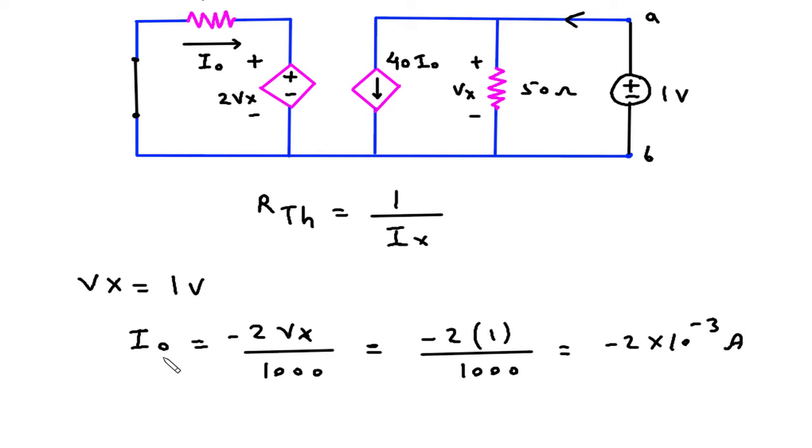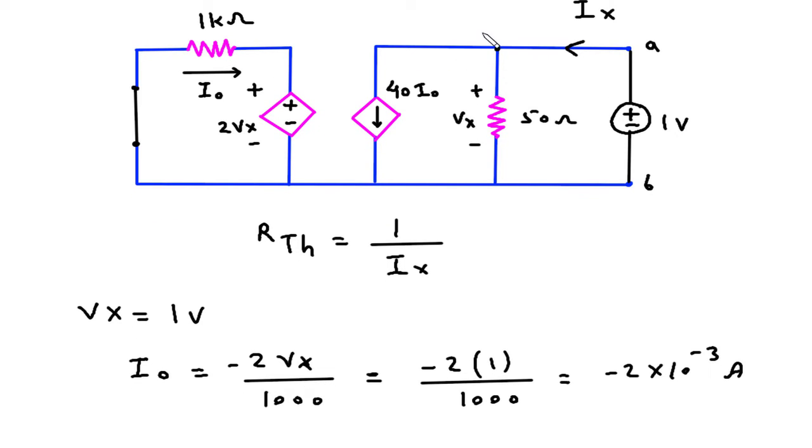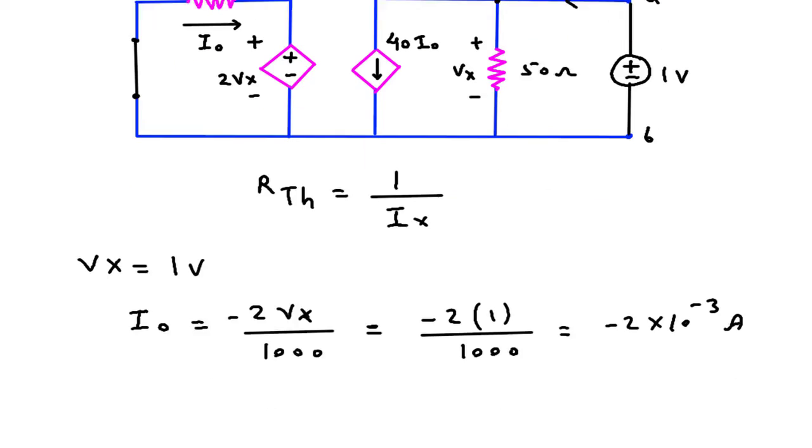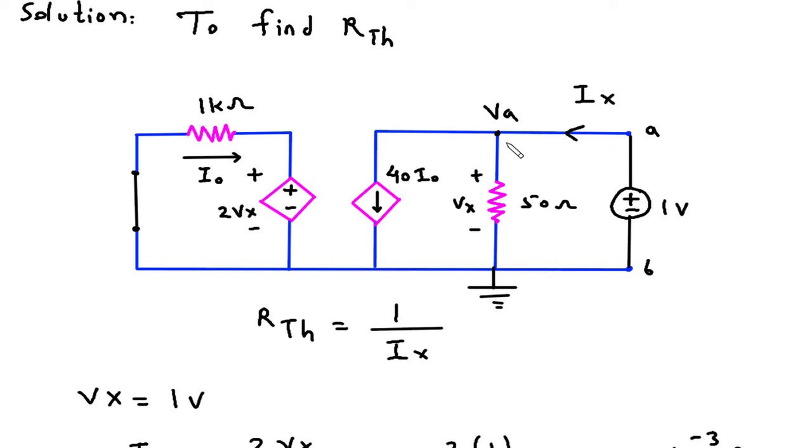Now we have the value of IO. To find Ix, let's assume this is node VA and this is the reference node with 0 voltage. Applying KCL at node VA, let's say this is current I1.